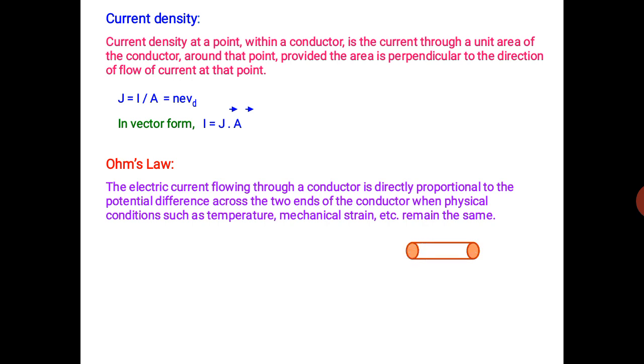So this one is the conductor. If you apply the potential difference V with the help of a battery, then current flows through the conductor.